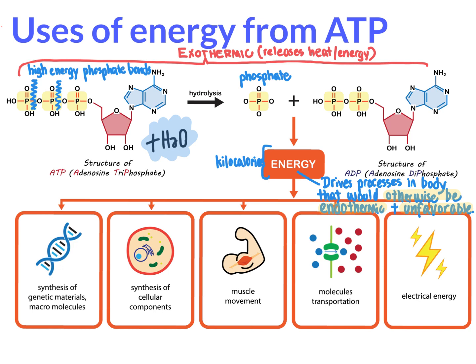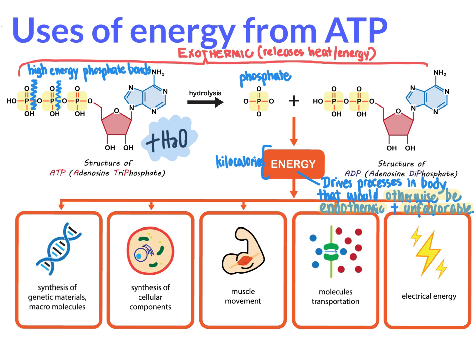Some of the processes that this energy is used to enable include the synthesis of genetic materials, including a variety of macromolecules such as nucleic acids that comprise DNA, as well as the plethora of different proteins that are present within the body.